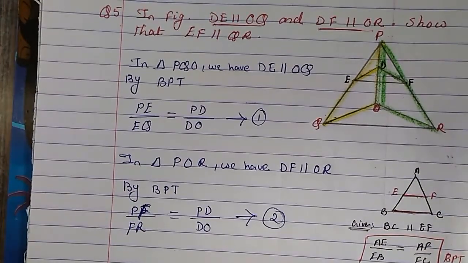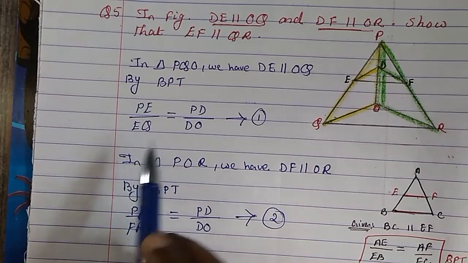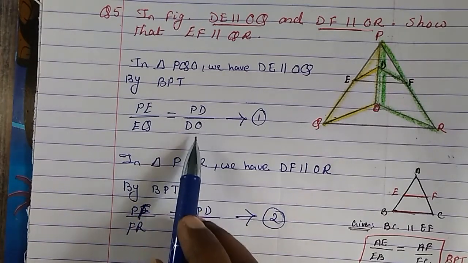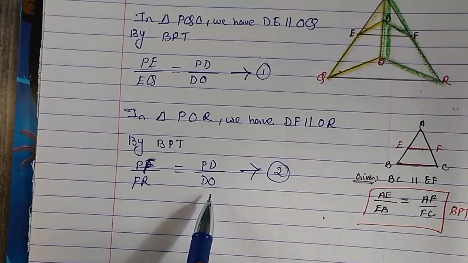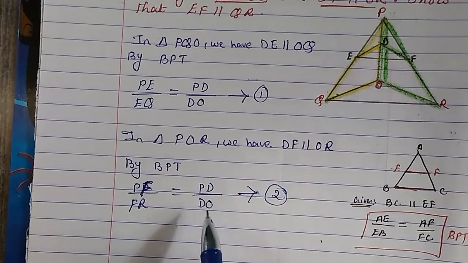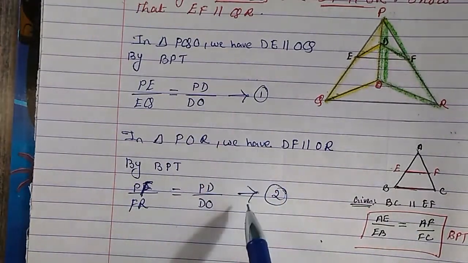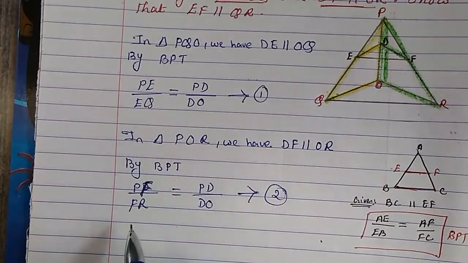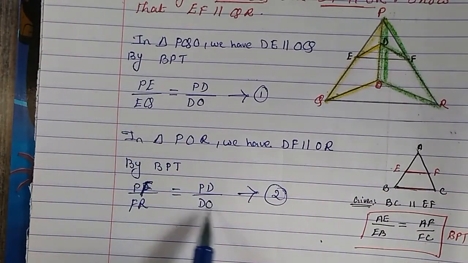Now you see, PE upon EQ is equal to PD upon DO. Here PF upon FR is equal to PD upon DO. So that means PD upon DO, both on the right side, is the same, so the left sides will be equal. PD upon DO is equal to this also, and PD upon DO is equal to this also.